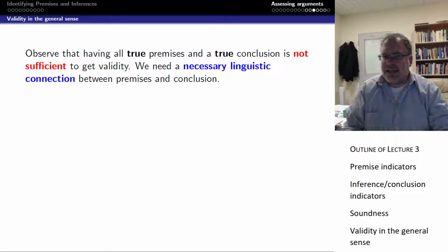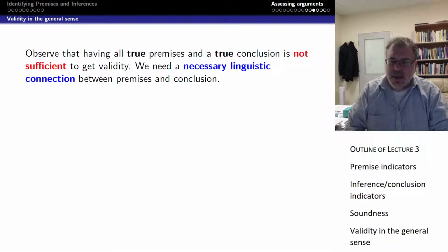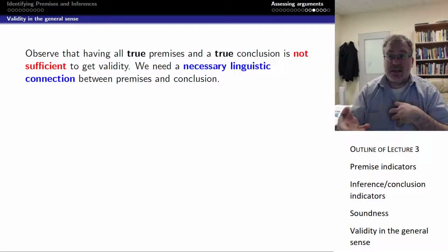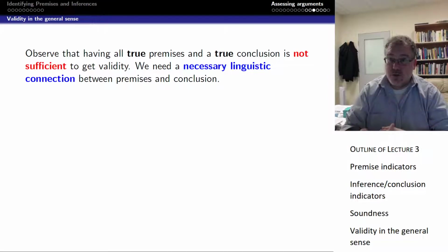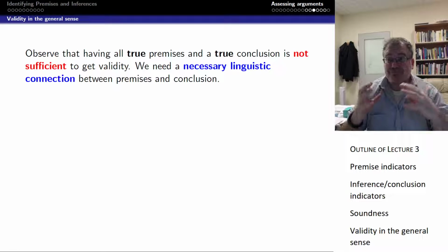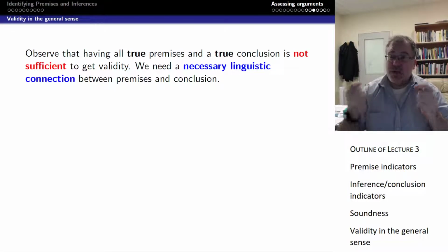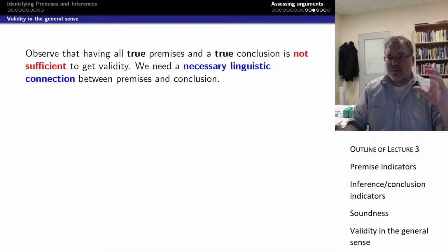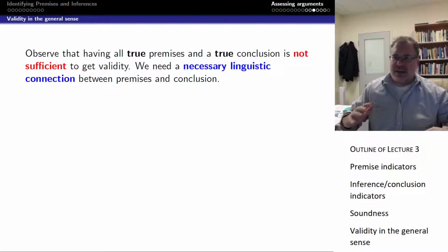Another way of saying that is this. When you face an argument that has true premises and also a true conclusion, this in itself is not enough to conclude that the argument is valid. Okay? You also have to look at the connection between the premises and the conclusion. So let's look at an example where you have an argument with true premises and a true conclusion, but the argument is not valid. Okay?